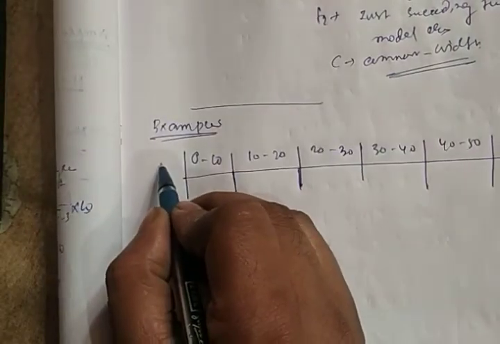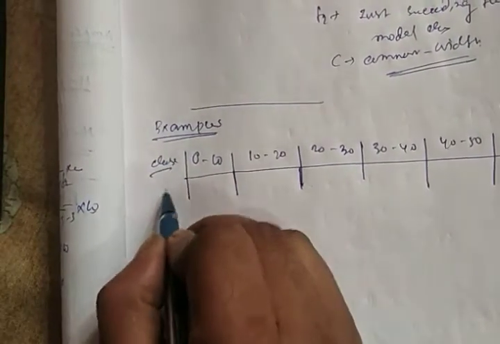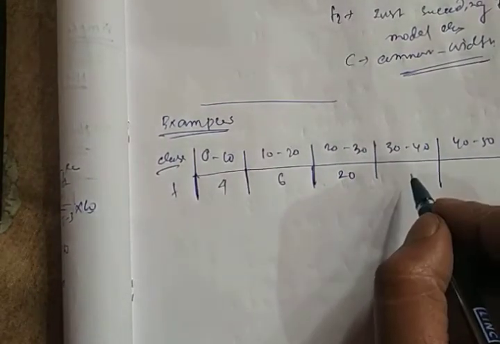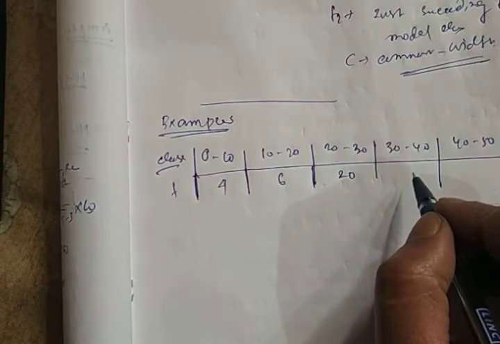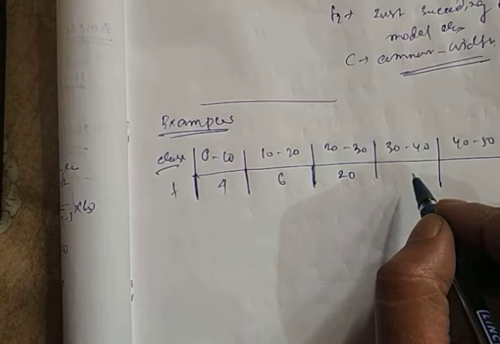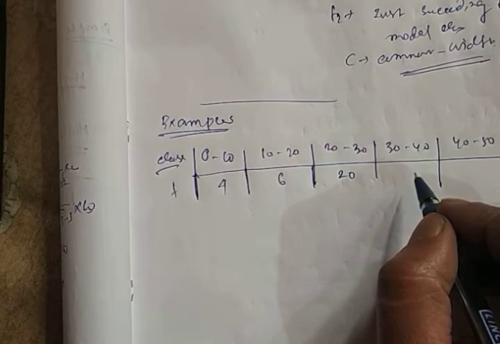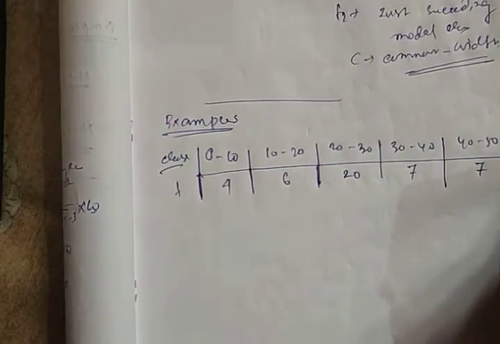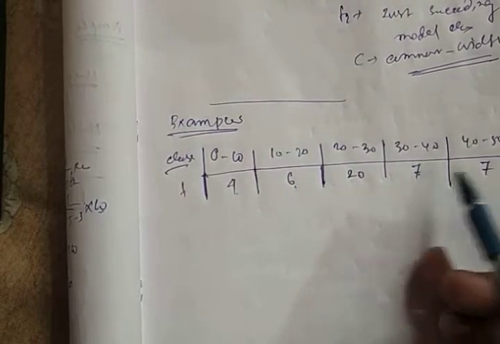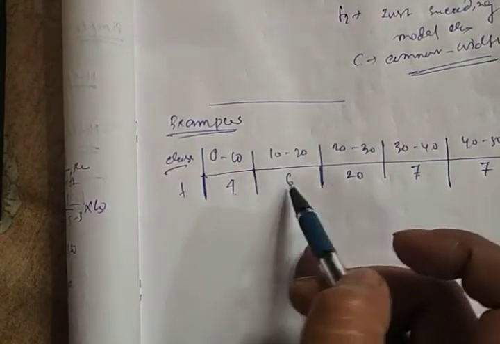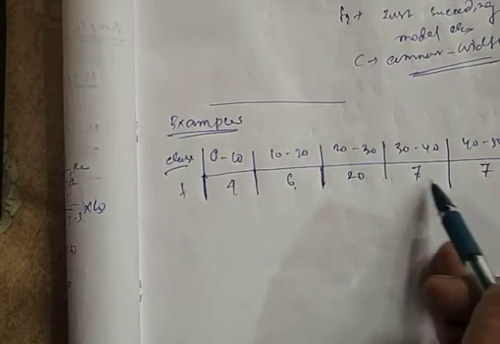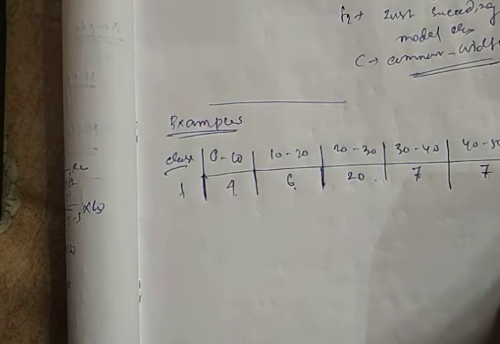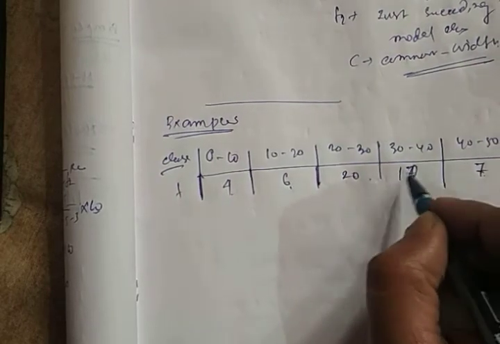These are the class intervals, and the frequencies are 4, 6, 20, 10, 13, 7, 3, 40.